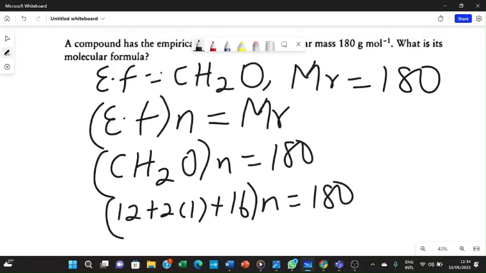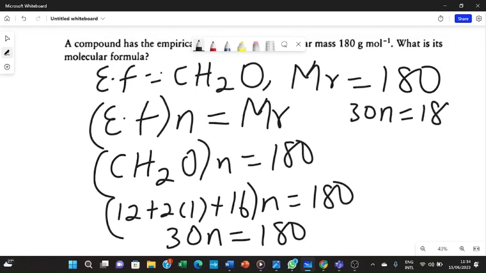So 12 plus 2 plus 16 is 30. 30n is equal to 180.